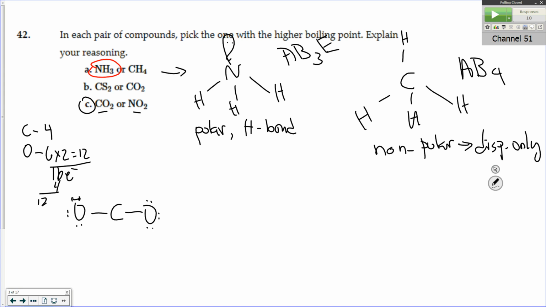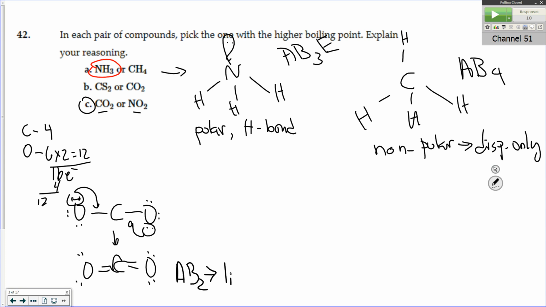Does everything have an octet there? It doesn't, so I have to collapse a lone pair from each one of the exterior atoms, resulting in the structure that we have with CO2. Got 2 lone pairs on each oxygen, 2 double bonds, 1 to each one of the oxygens from the carbon. That's an AB2.